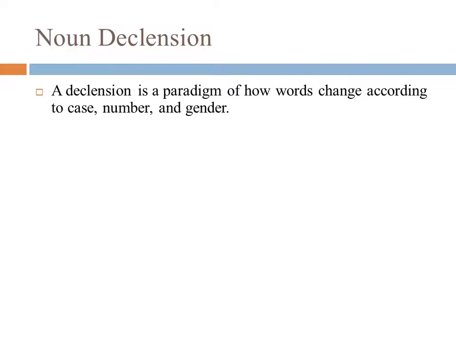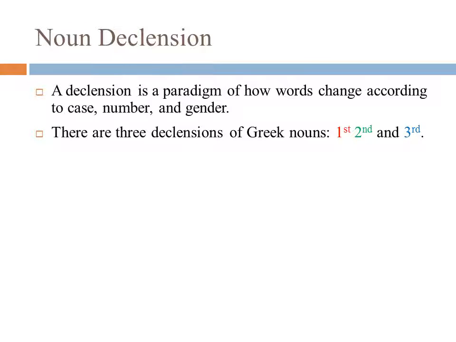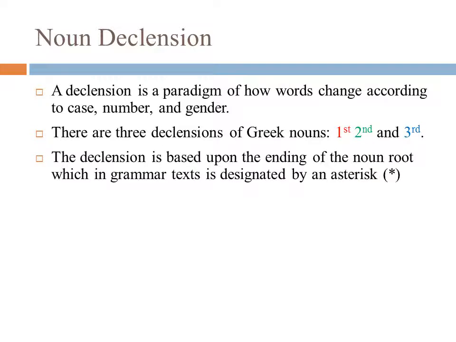Noun declension. A declension is a paradigm showing how words change according to case, number, and gender. And a paradigm tells us there's a predictable way in which words will change according to all these three things: case, number, and gender. There are three declensions of Greek nouns: the first, the second, and the third declension.